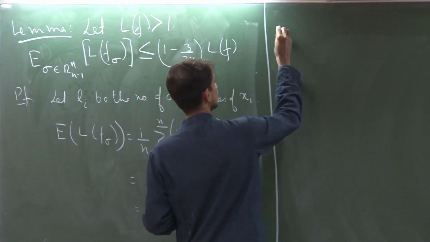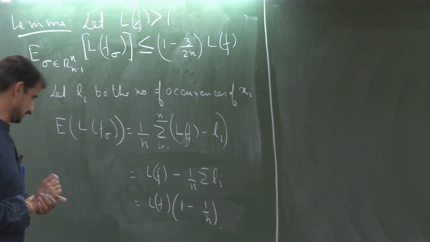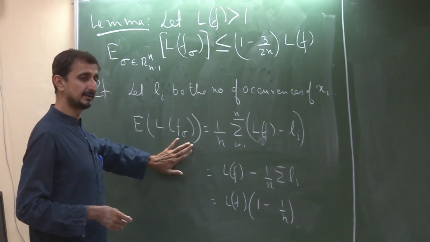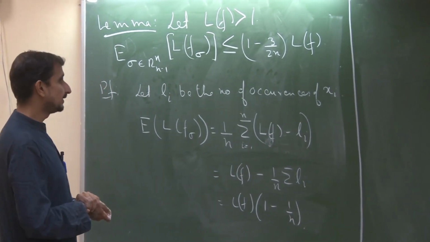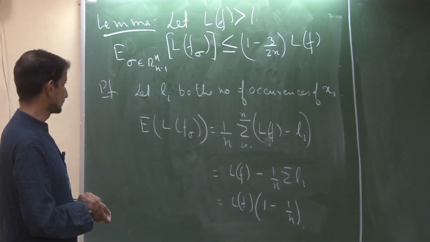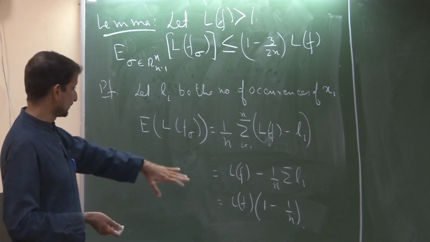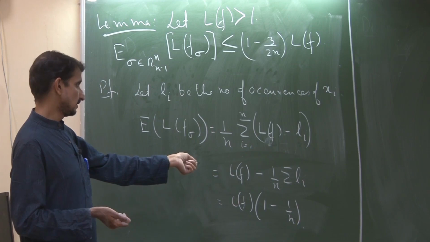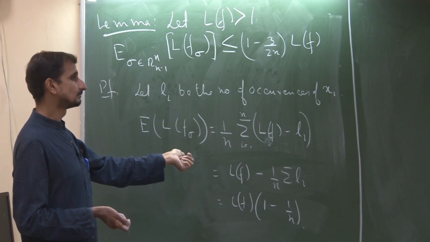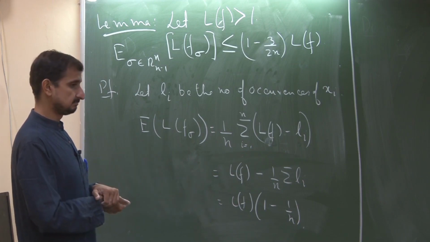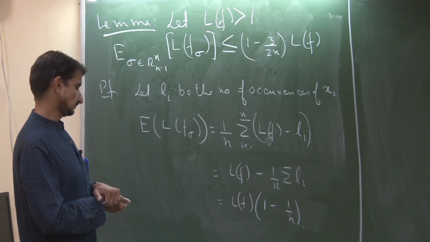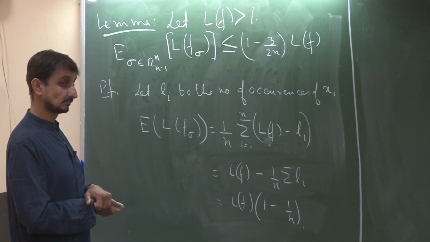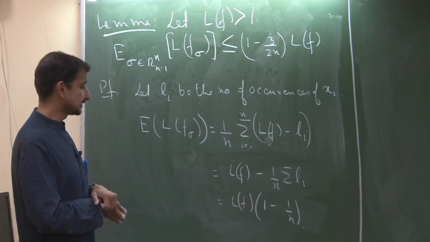So, to show this, it is exactly equal to, right, because this is the definition of expectation. Well, no, it will be an upper bound. Yes, it's an upper bound.